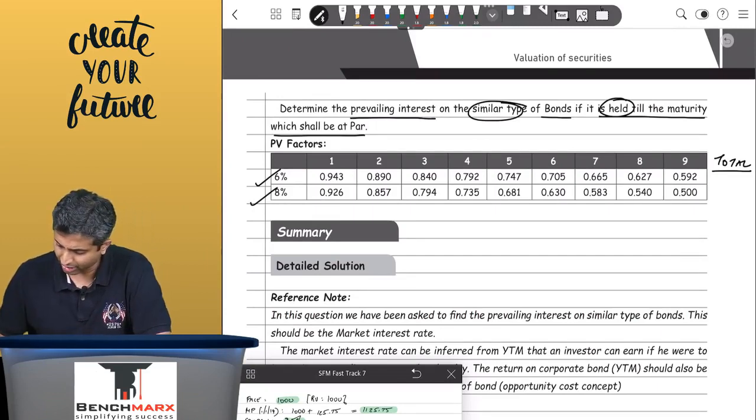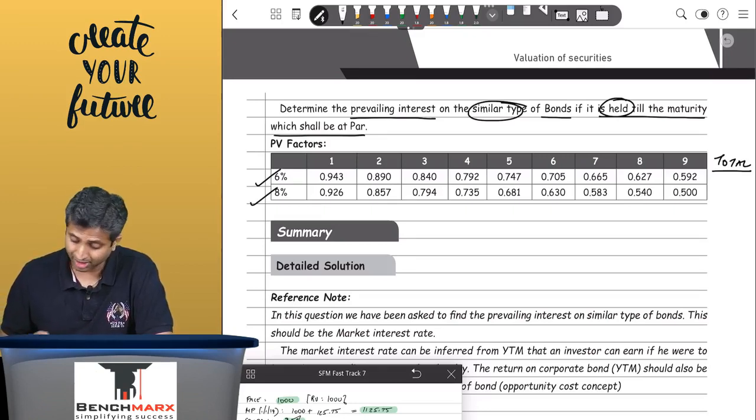This is 0.943 plus 0.890 plus 0.84. Remember, whenever rates are given, you have to take the rates as given by the institute. You will not say this is 3 decimals and 2 decimals. Whatever is the rate given, you will take 0.792, 0.747, 0.705, 0.665, 0.627, 0.592.